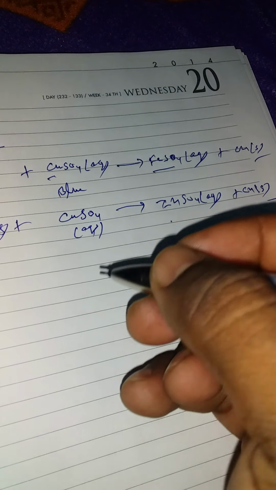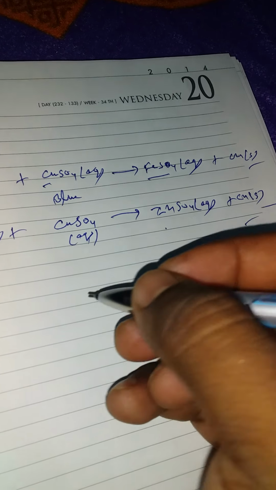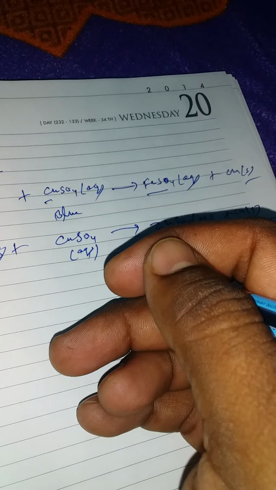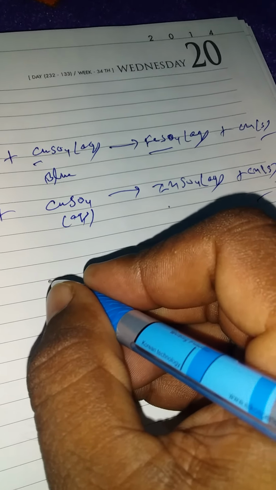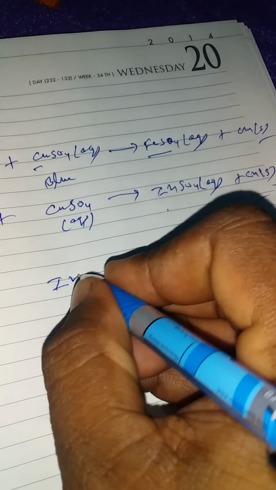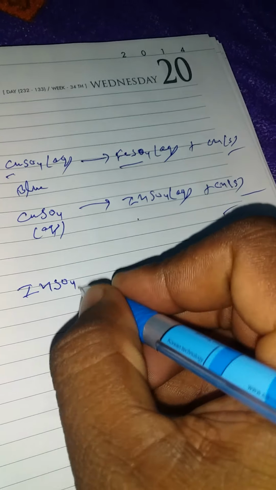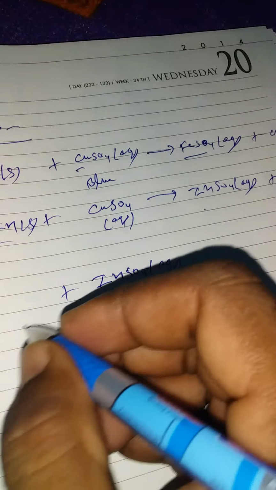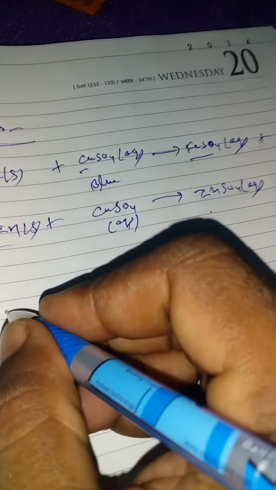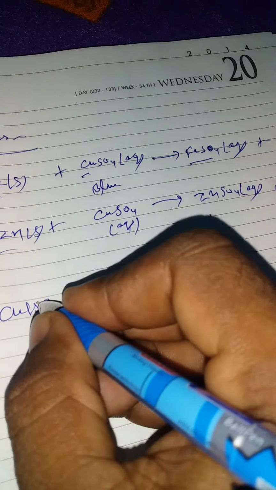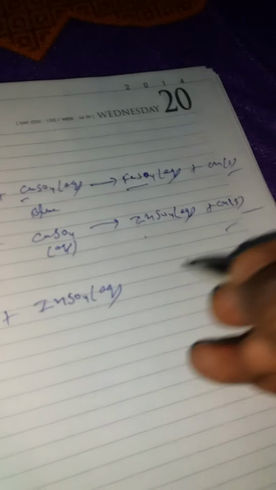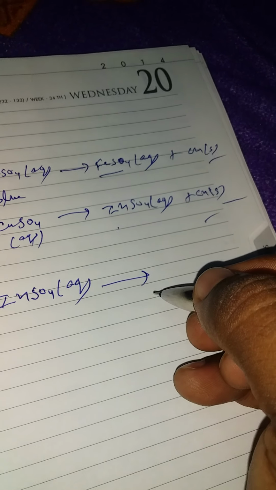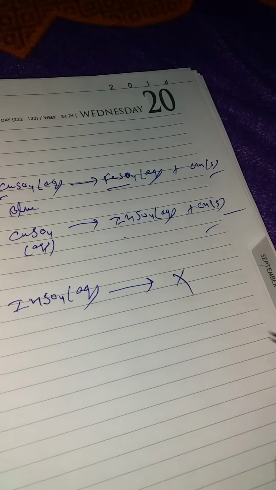So dear students, how can we confirm that a metal is more reactive or less reactive? Suppose we take another example: in ZnSO4 aqueous, we add copper into the solution. We see that copper does not displace zinc, so displacement is not possible.